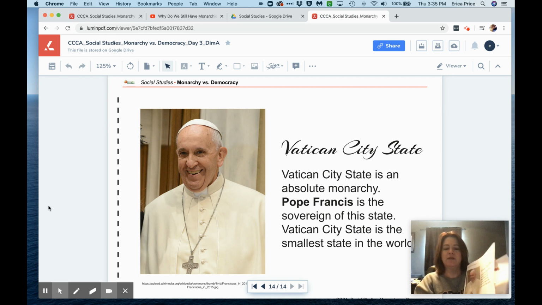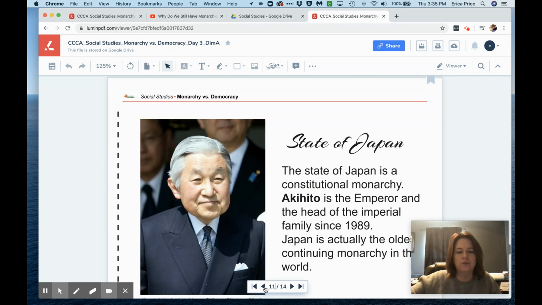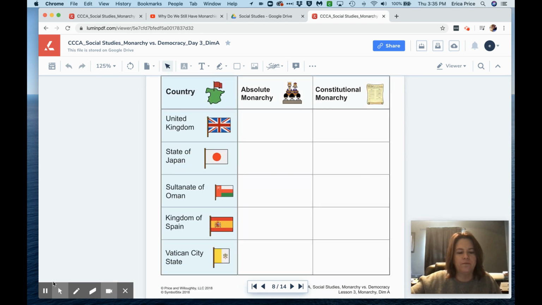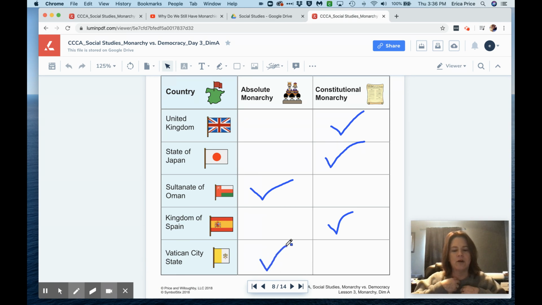So this one is also an absolute monarchy. So if we go back to our table, let's finish it one more time before we quit and check it out. United Kingdom is a constitutional monarchy. State of Japan is a constitutional monarchy. Sultanate of Oman is an absolute monarchy. Kingdom of Spain is a constitutional monarchy. And our last one, the Vatican City State, is an absolute monarchy.